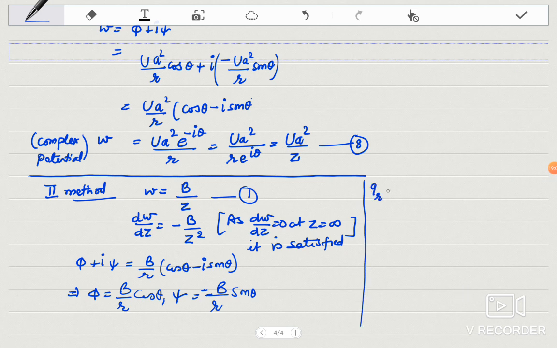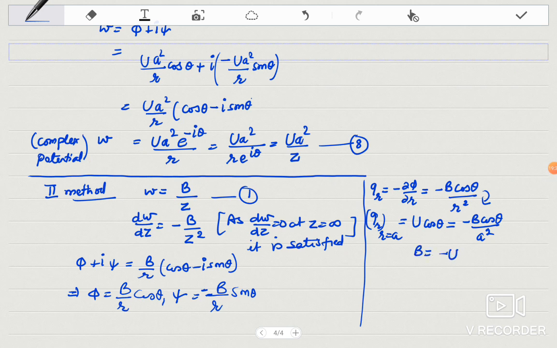From phi I can get QR as minus delta phi delta r, and it will be minus B cos theta upon r square. Now what was QR at r is equal to a? It was u cos theta, and now this will be minus B cos theta upon a square at r is equal to a. So what is our B? B is equal to minus u a square.